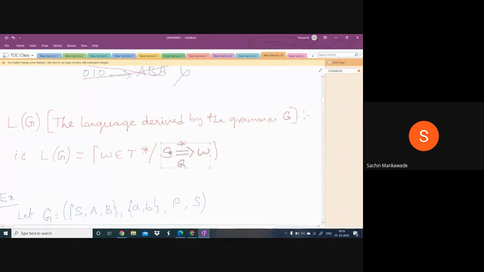See, this W is derived from the start symbol on applying, the star means, on applying one or more productions in the grammar G. This means L of G is the set of terminal strings such that each string is derived from the start symbol on applying one or more productions in the grammar G. Okay, copy this.